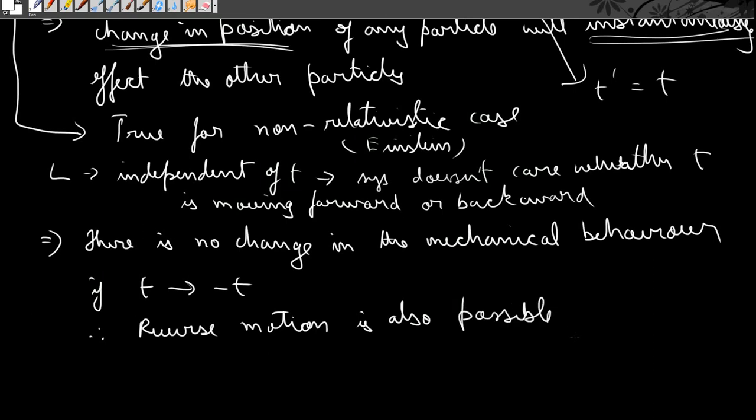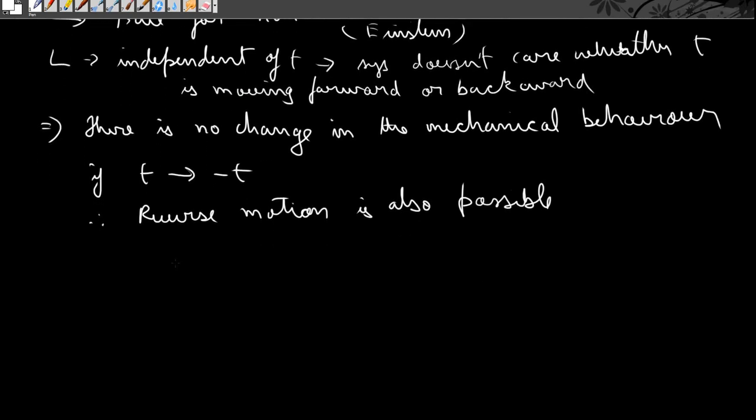So what we mean by this is that if you consider, for example, a projectile motion, say, which goes like this, this is how the motion will look if time is running forward. But if you reverse the time, then it will look as if everything is opposite.